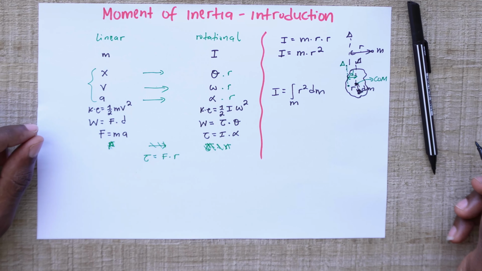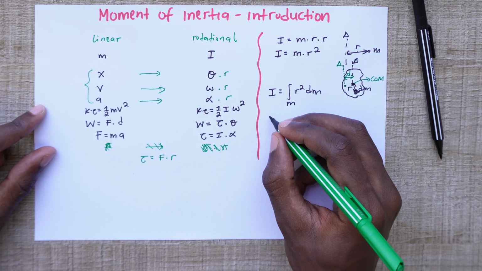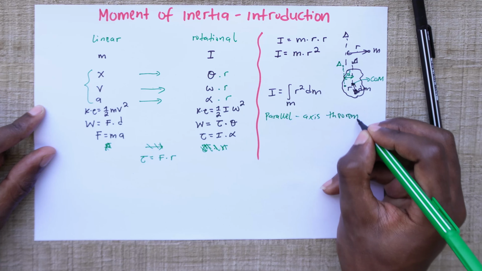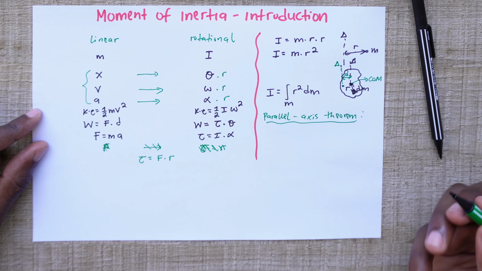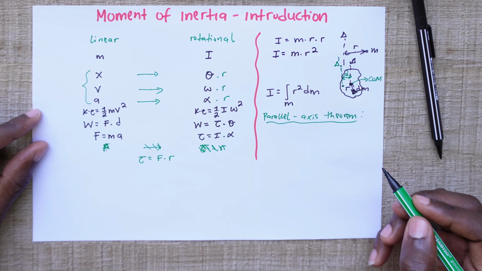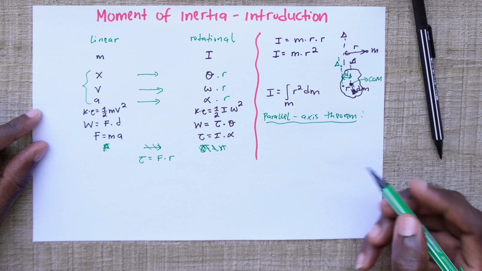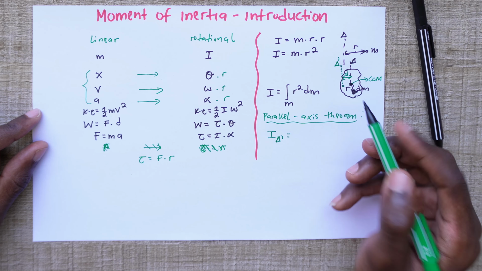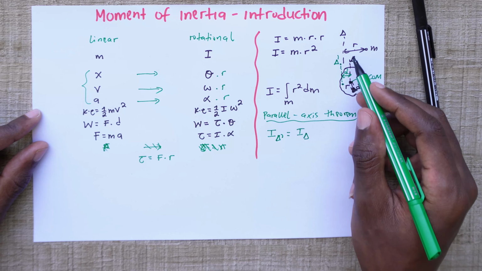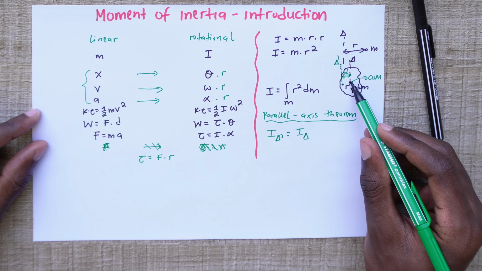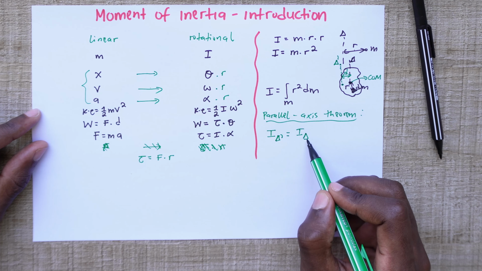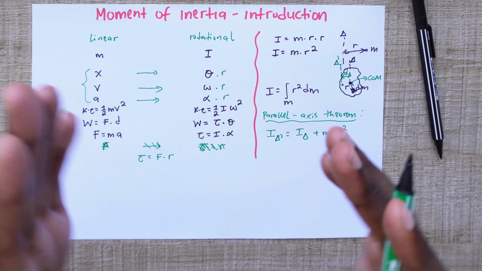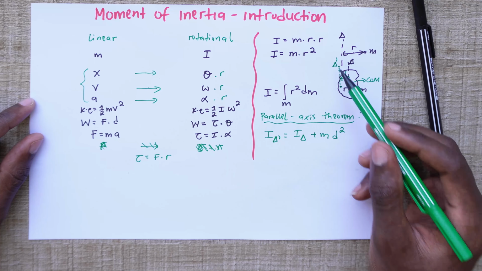In this case, you need to apply another theorem that's known as the parallel axis theorem, which tells us that if you want to calculate, let me call this axis delta prime, the moment of inertia of a body about an axis delta prime that is parallel to the first axis, in this case I delta, this first axis passes through the center of mass of the body, then I delta prime is going to be I delta plus the mass of the distribution times the distance between the two parallel axes squared. So that's what you can see between delta prime and delta.